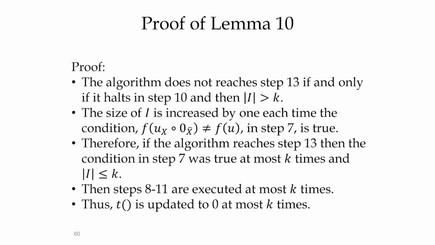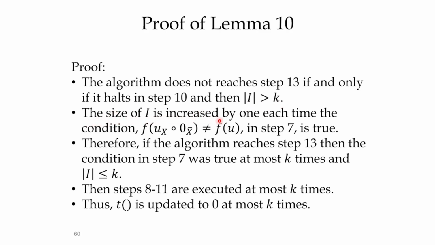Okay, so let's prove lemma 10. Proof. The algorithm does not reach step 13 if and only if it holds in step 10, and then the number of relevant groups is greater than k.